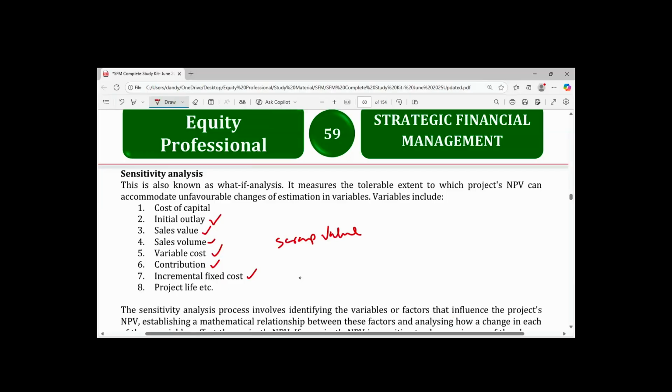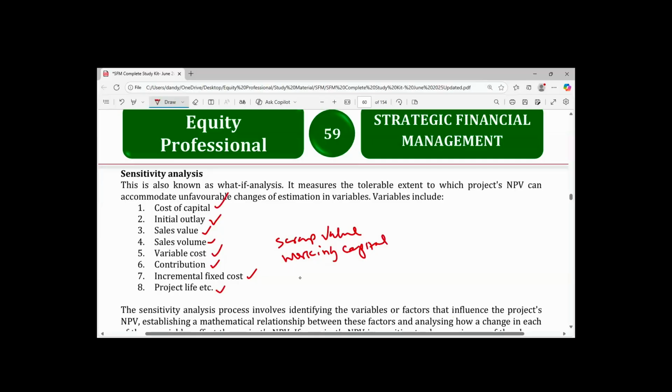Examiner can ask you to calculate sensitivity margin of working capital. All right. So these are variables, any component that makes up the project being evaluated. So all those elements of the project, examiner can ask you to calculate sensitivity margin on them. You may be asked to calculate sensitivity margin on cost of capital. Not only that, examiner can ask you to compute sensitivity margin of project life. All these things you must know how to do.